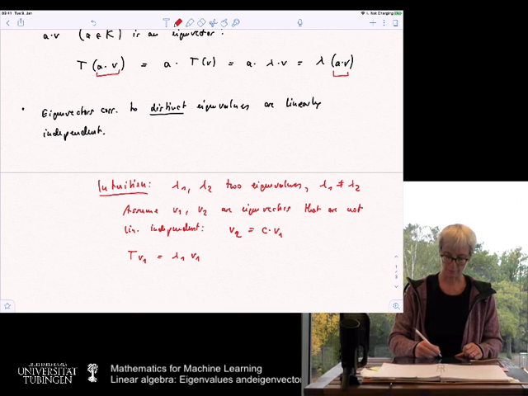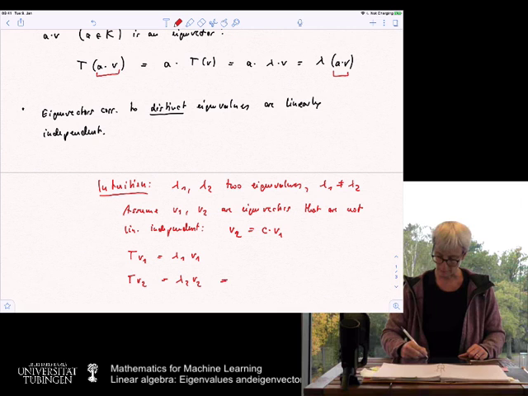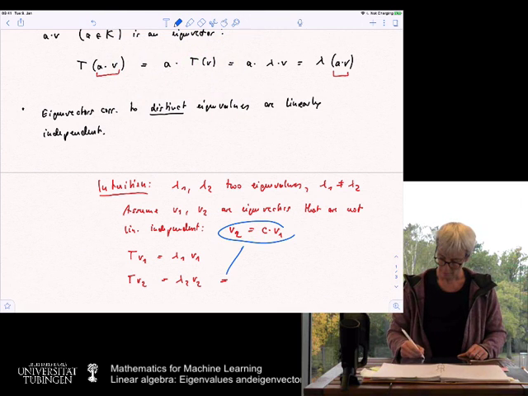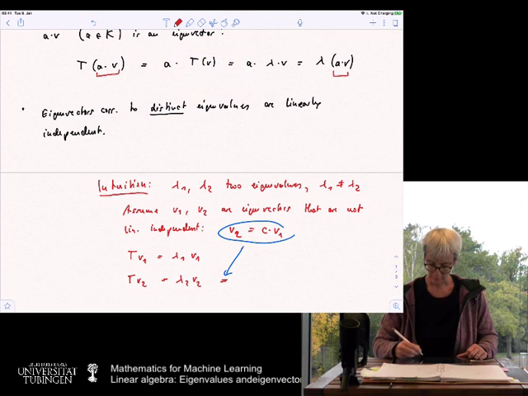And now I can also look at what happens to v2. Of course, I know it is lambda 2 times v2 because it's also an eigenvector, but now for this other eigenvalue. But now, because I have this property, I would be able to also write this as lambda 2 times c times v1.